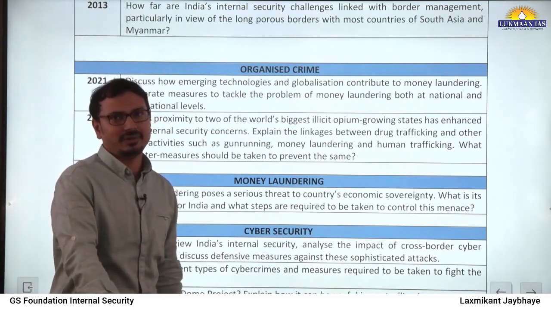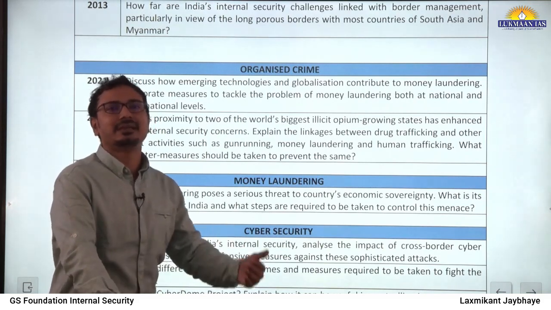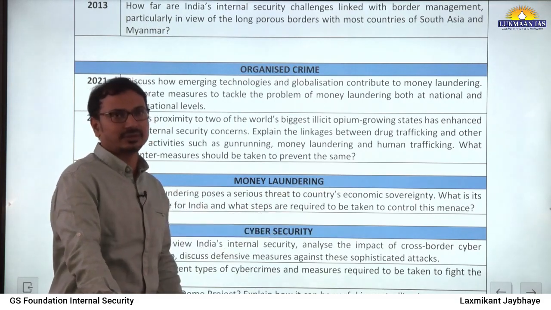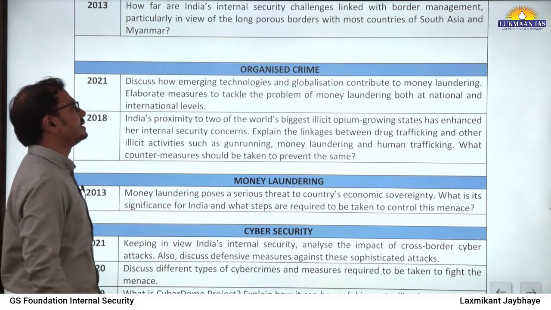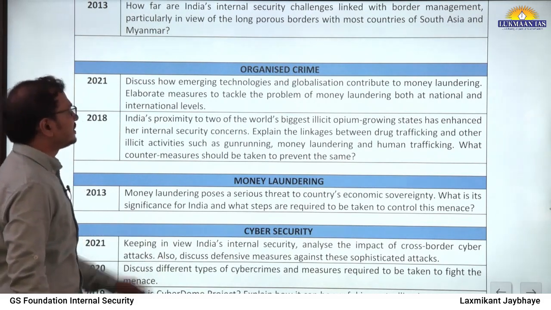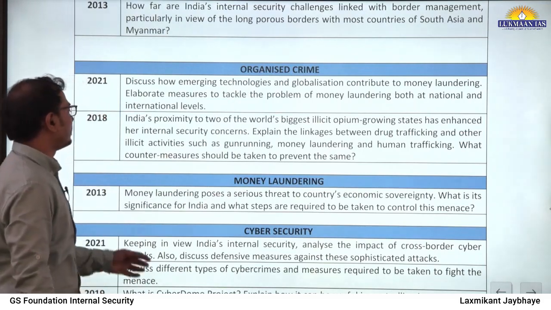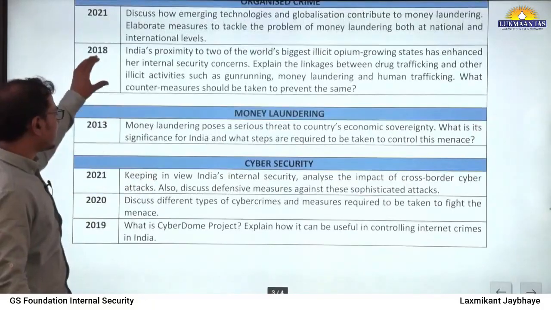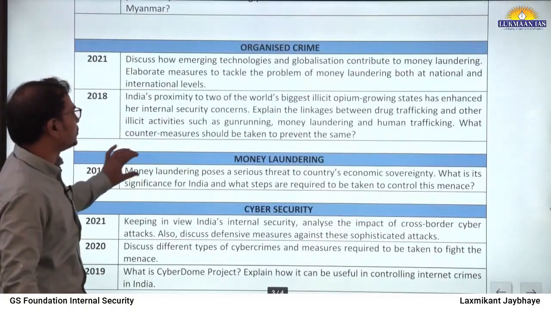So these payment apps or digital technology are also part of emerging technologies, and the loopholes in the technologies are exploited. Yes, we'll deal with that separately in the money laundering topic, the measures and all these things. That money laundering question can be considered here, in organized crime also, and here also.